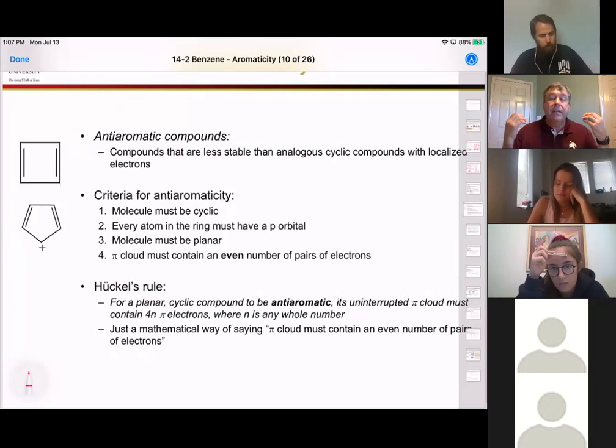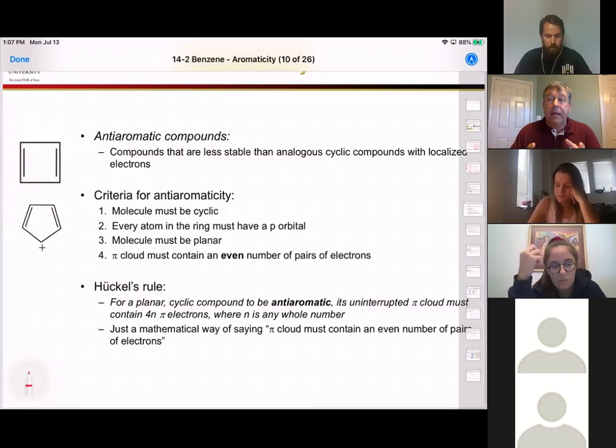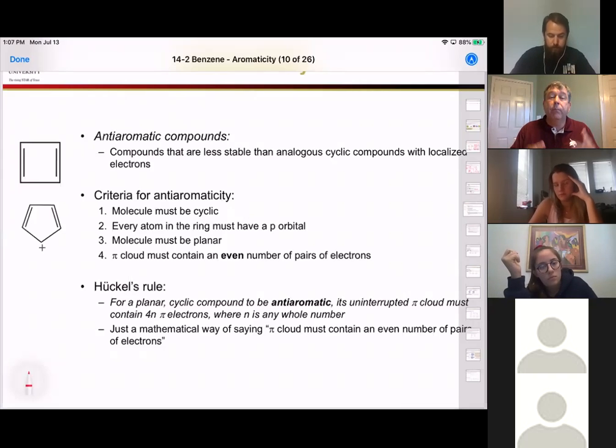So we have an even number of pairs of electrons, and so we will see the difference between them, and they have different stabilities, and aromatic compounds react a certain way, and anti-aromatic compounds react more like alkenes, okay?